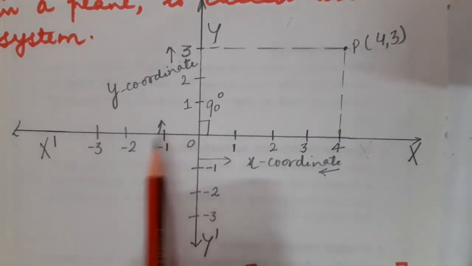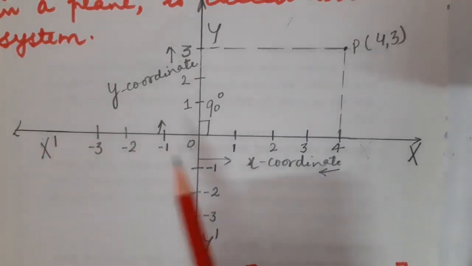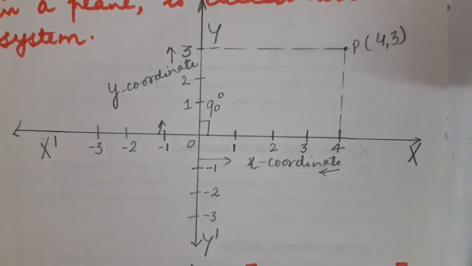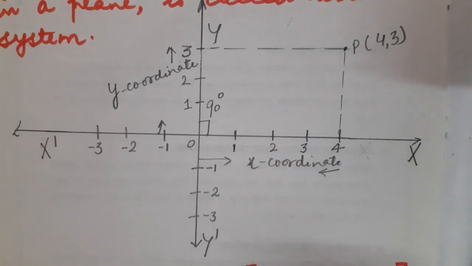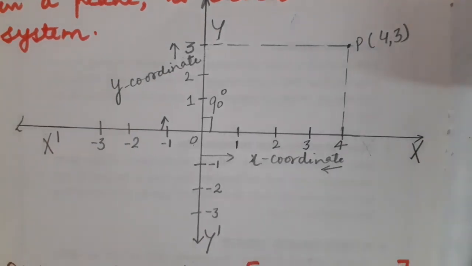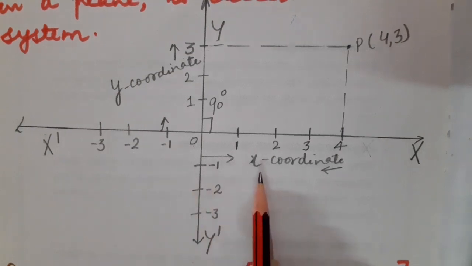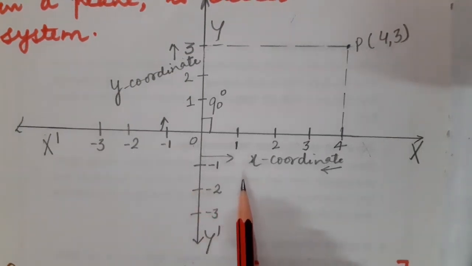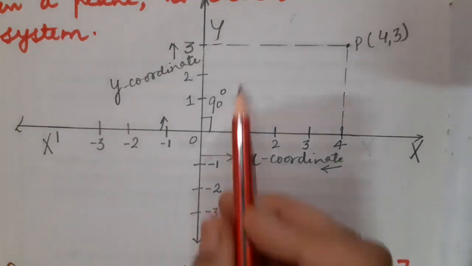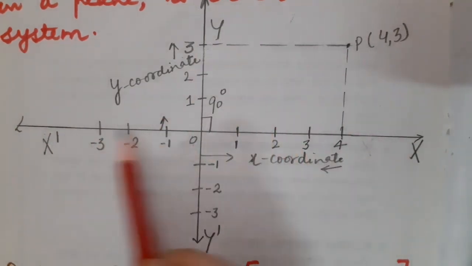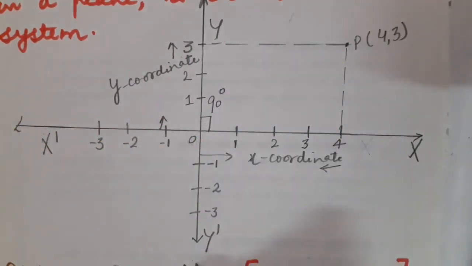Similarly, directions OX dash and OY dash are called the negative directions of x and y axis respectively. Fine, students. Now through this diagram, you may have understood the definition of coordinate geometry. That is why I said that it is a branch of mathematics which deals with the position of an object lying in a plane described with the help of two perpendicular lines.